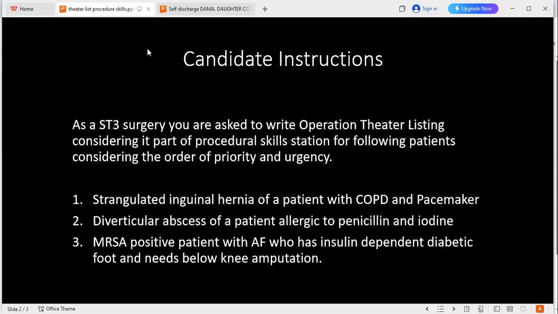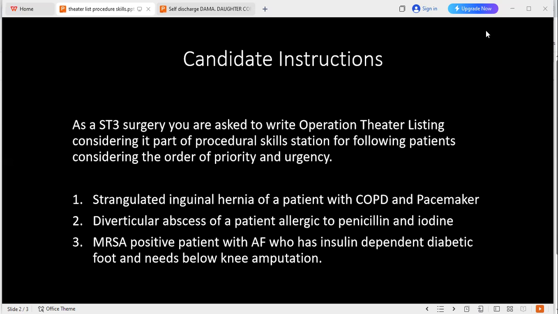Second case would be diverticular abscess of a patient with allergy to penicillin and iodine. The third patient would be MRSA positive patient with atrial fibrillation who has an insulin dependent diabetic foot and needs DKA. Please tell me, why have you decided to keep the list as it is?